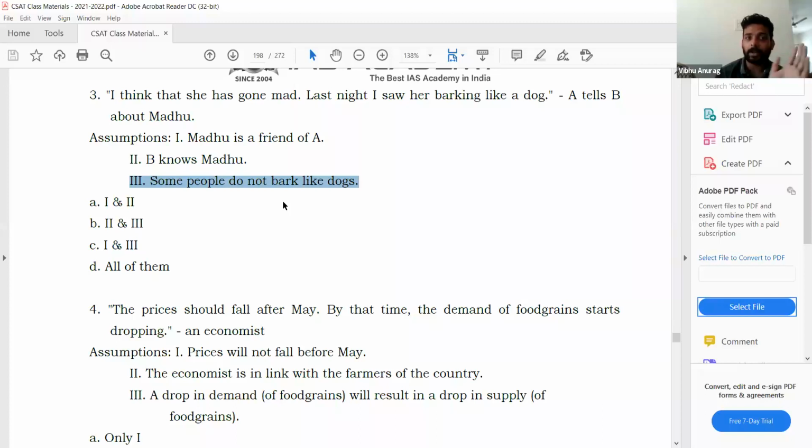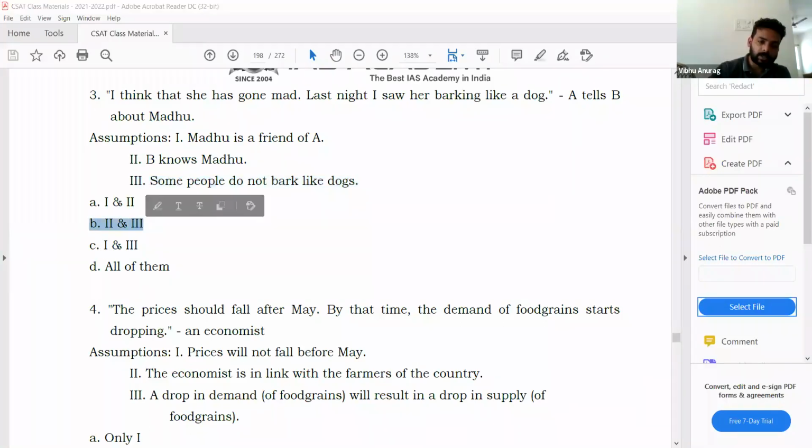He says, I think she has gone mad. Last night I saw her barking like a dog. If he thought this is normal behavior, he would not say she has gone mad. So he does believe that some people do not bark like dogs, because he finds this behavior surprising. So 2 and 3 are valid assumptions. Correct answer is B.